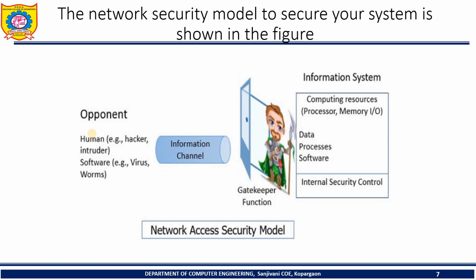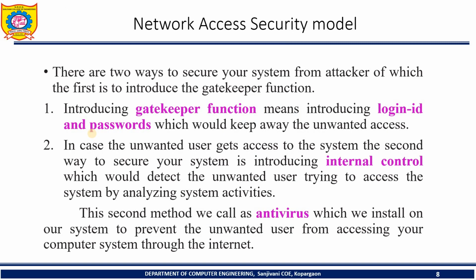There are two ways we can protect our system. The first way is the gatekeeper function. There should be some gatekeeper, like a watchman, which can monitor the incoming and outgoing traffic in the system. And second, we need some internal security control. The first way to secure our system from an attacker is to introduce the gatekeeper function.